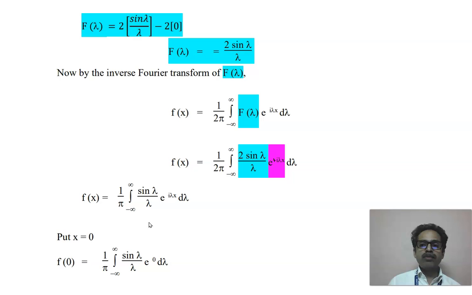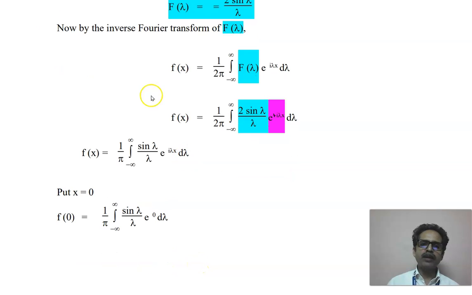And remember, we have to evaluate the integral, and in that integral we don't have this exponential term, so we put x is 0. We will not disturb lambda because lambda is the variable of integration. So put x is 0 on both sides. Left hand side became f of 0, right hand side e raised to 0, and you know e raised to 0 became 1.